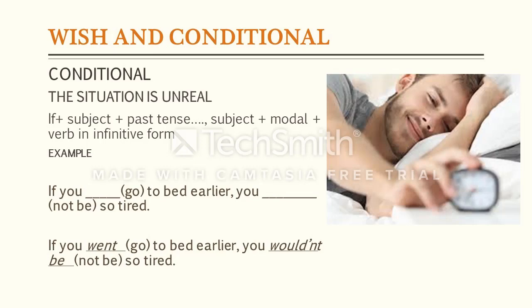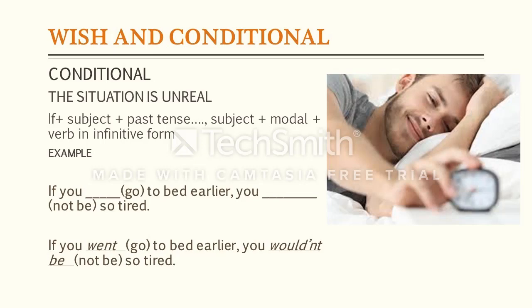For example, if you, in parentheses the verb go, to bed earlier, you, in parentheses, not be so tired. So how would I complete it, taking into account the formula that you have there? It would be like this. If you went, because went is the past, yeah?